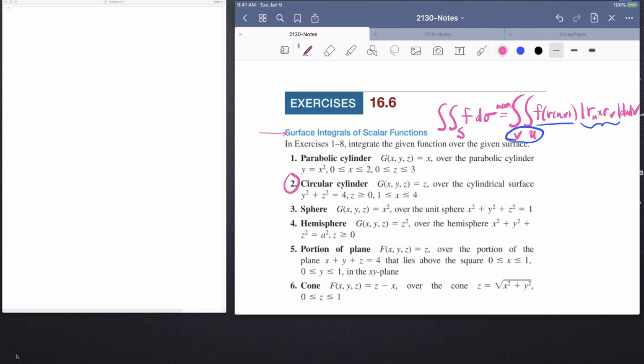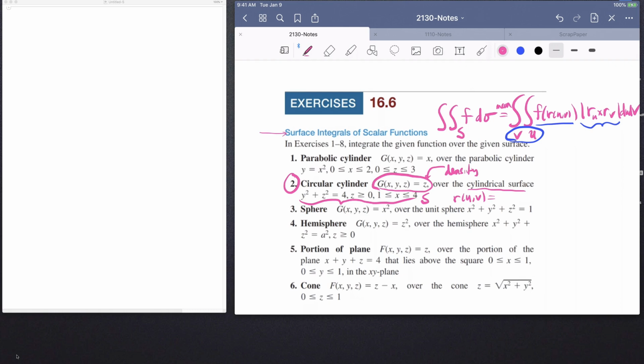Here we can see that the function, they're calling it capital G here, is our density function. So the density changes only with this variable z. And here we have a description of the surface S. We can see that our surface is a cylindrical surface, so it will be good if we can remember the parametric form of a cylinder.